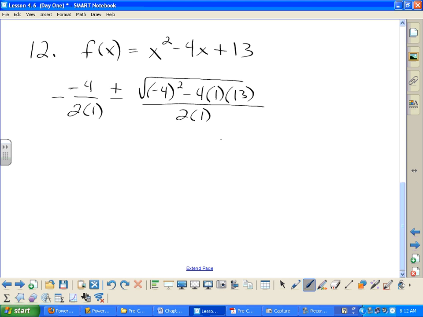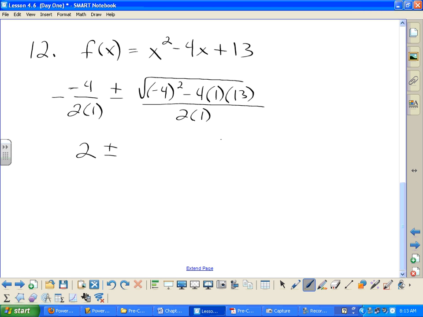So these two negatives here make a positive. So we get 4 over 2 is 2 plus or minus. And under the radical, we have 16 minus, what's 4 times 13? 52.